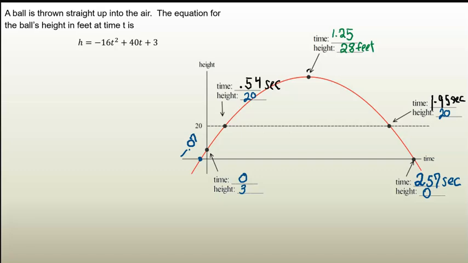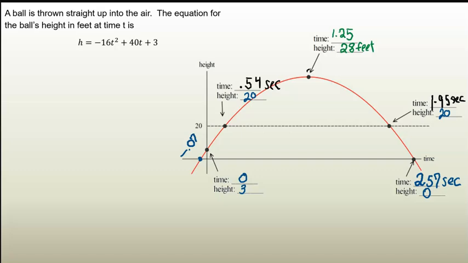Every planet has its own coefficient, and you could actually look them up, and it's amazingly interesting. 40 is the amplitude at which the object was thrown. My guess is it would be in foot-pounds or something like that. Then 3, in this case feet, is the initial height. So that's the way that reads.